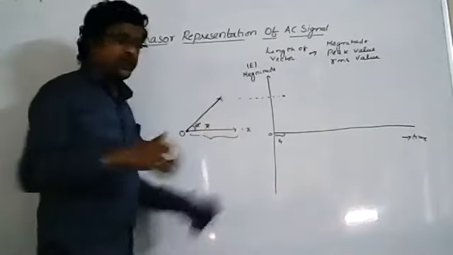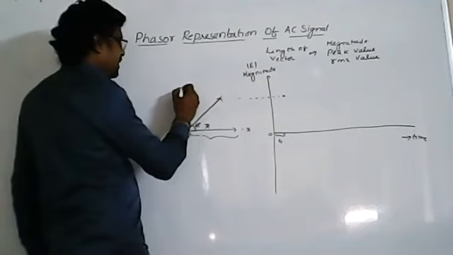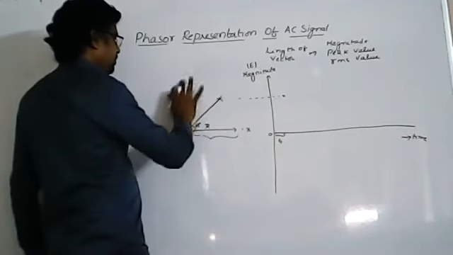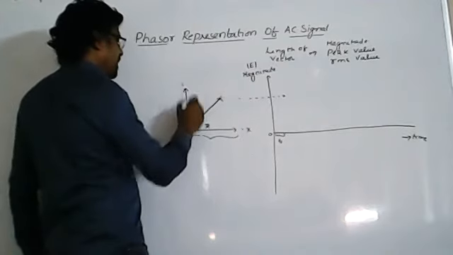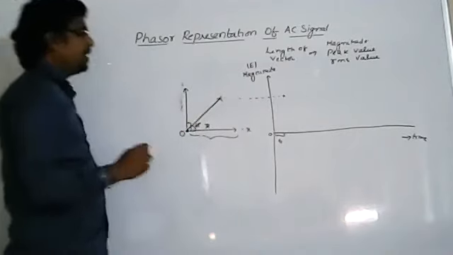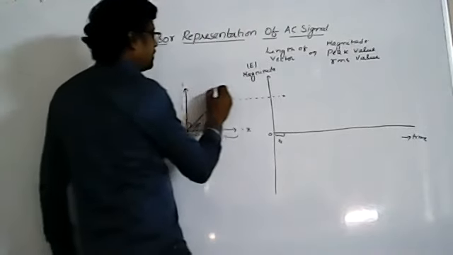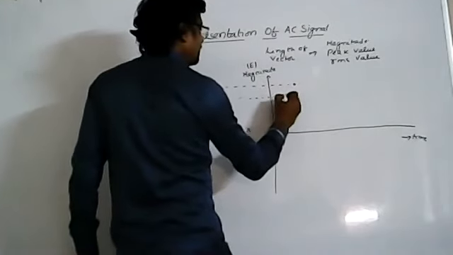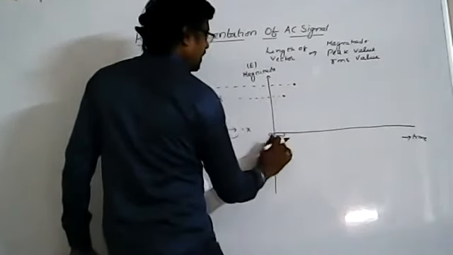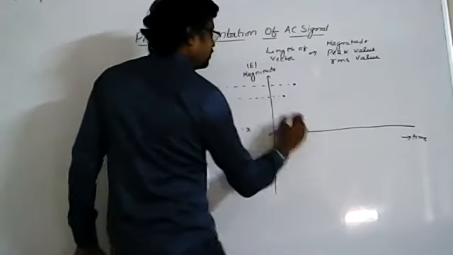Now let us say after t2 seconds, it is continuously rotating, it has made exactly a rotation of 90 degrees, so that the new value is somewhere here.